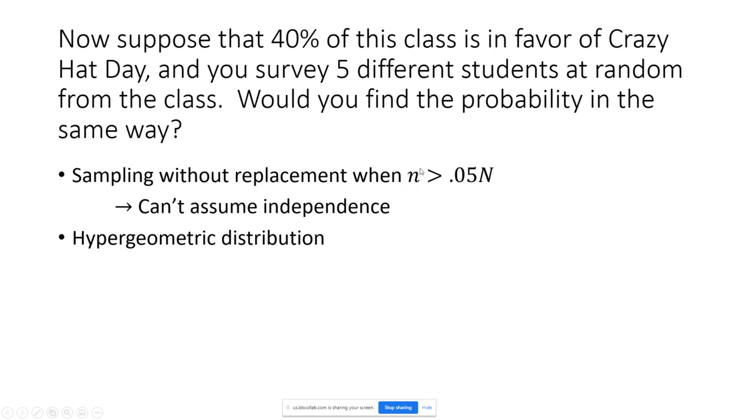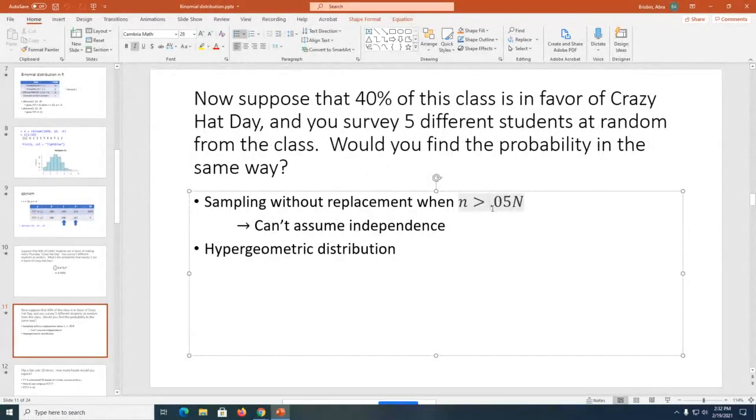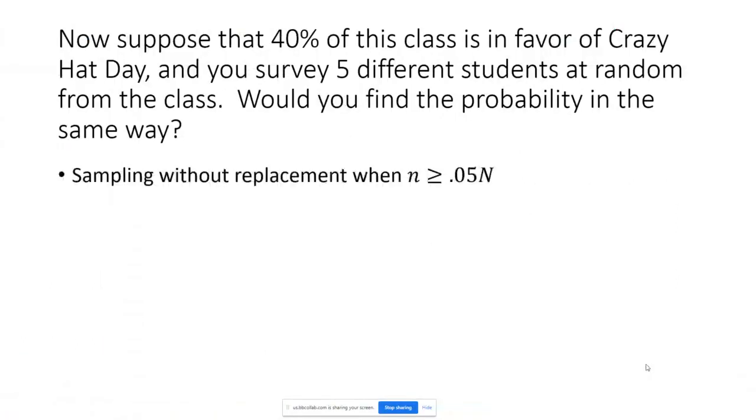If our sample size, little n, so 5, is greater than or equal to 5% of the population, then we don't want to assume independence, so we don't want to use the binomial distribution.